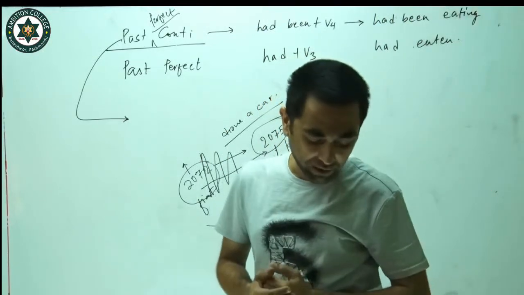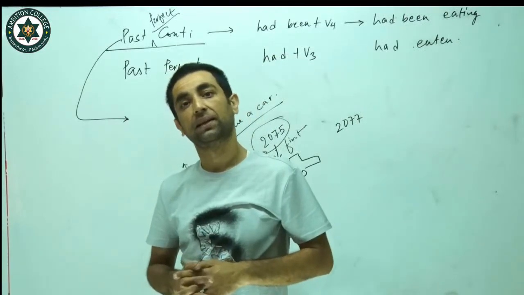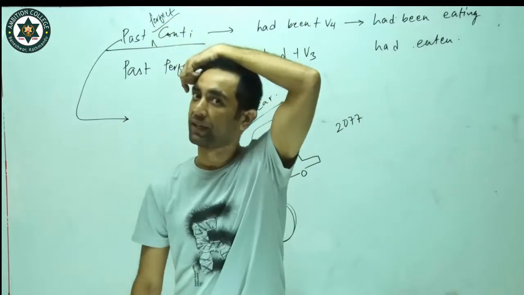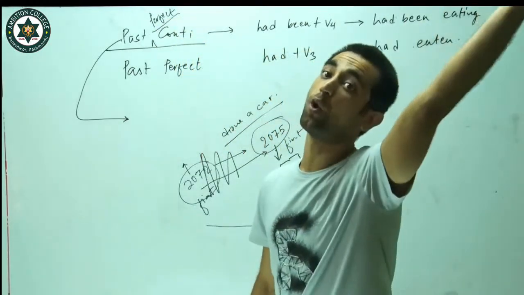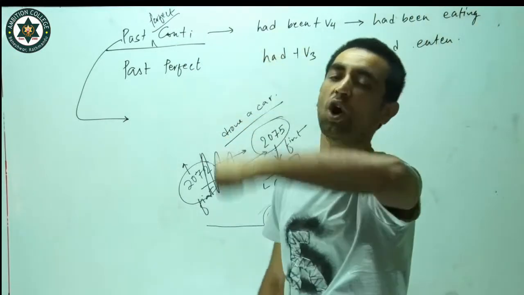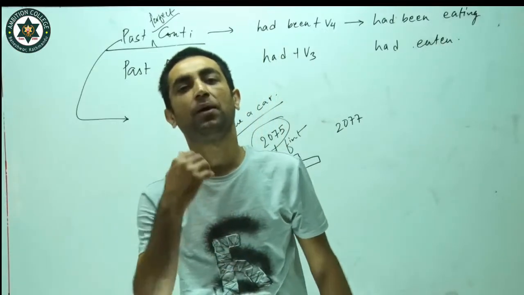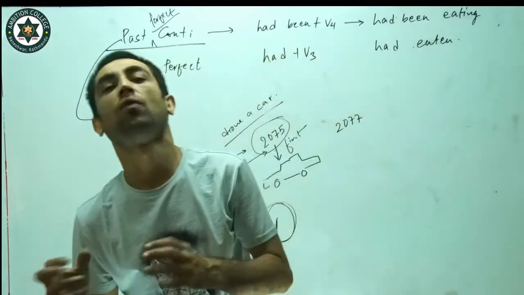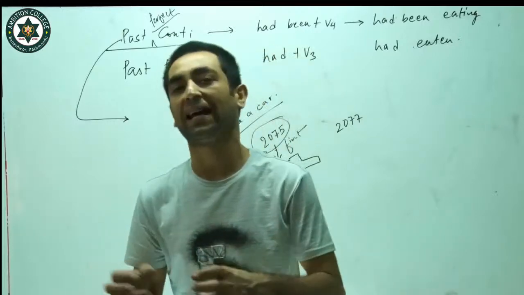The second sentence goes, they had been camping for 3 days. When I went there, they had been camping for 3 days. Now, the event started 3 days ago in the past. But till the moment I saw the event, I witnessed the event was not over. The event was still being carried.